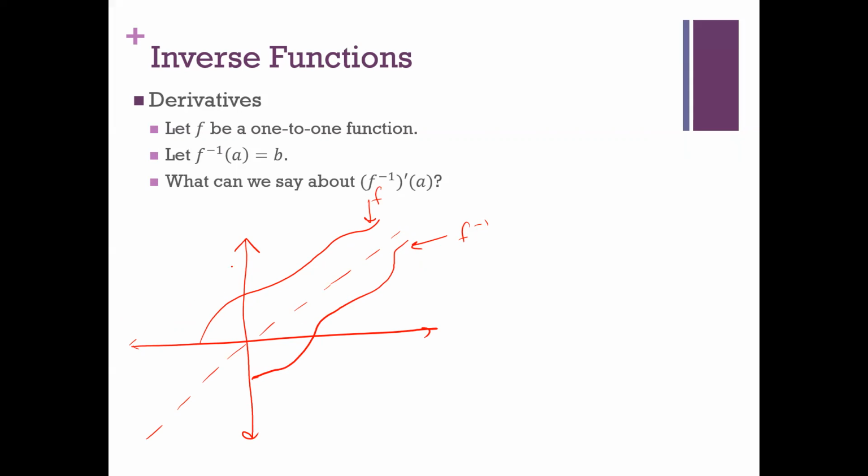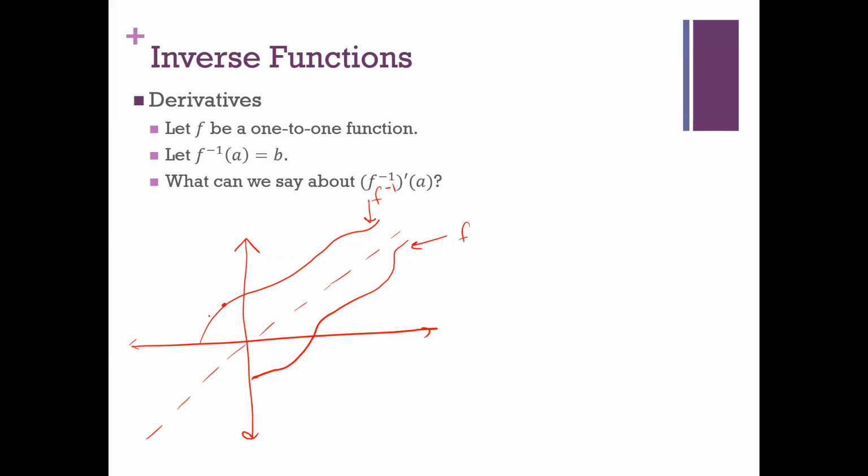So what I really want to do with this, I'm trying to figure out something about the derivative. I know that f inverse of a equals b. This is the way I created it before. Doesn't really matter, but I'm going to call the upper one the inverse.